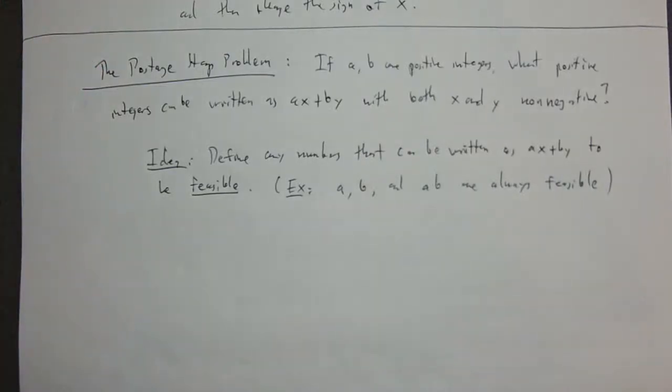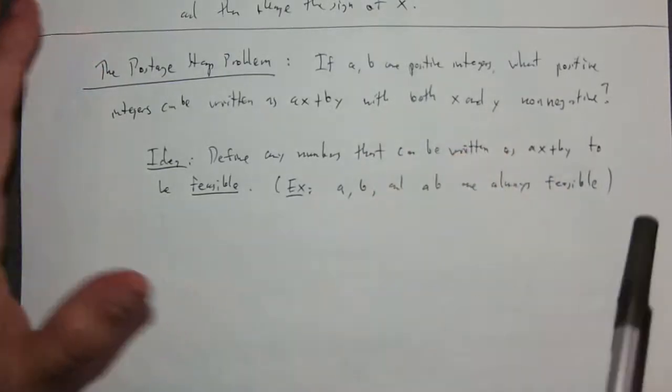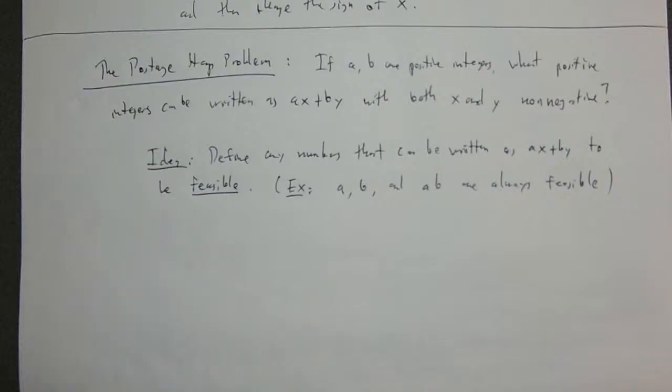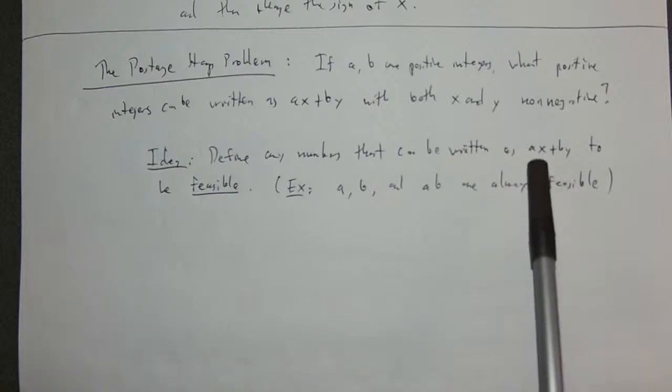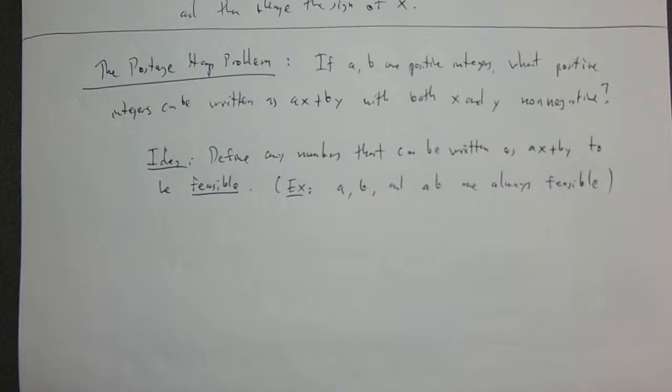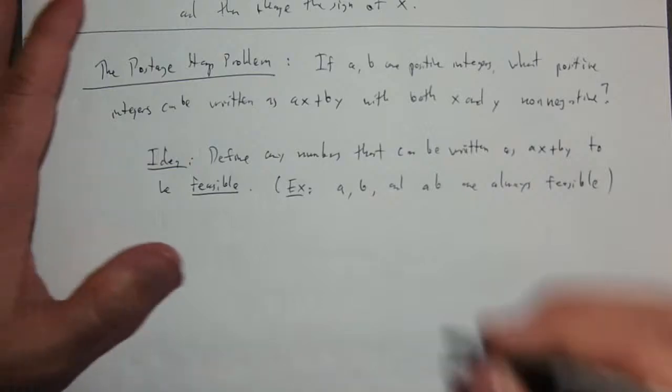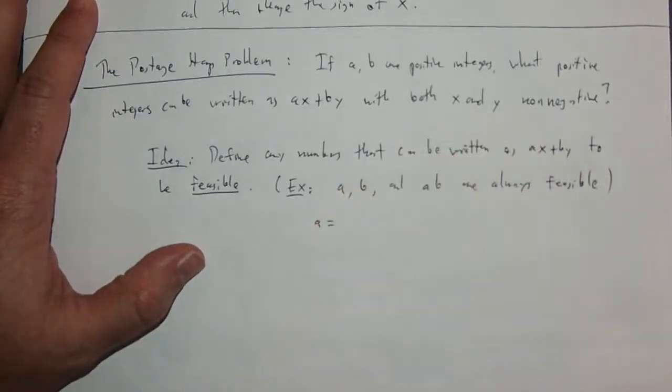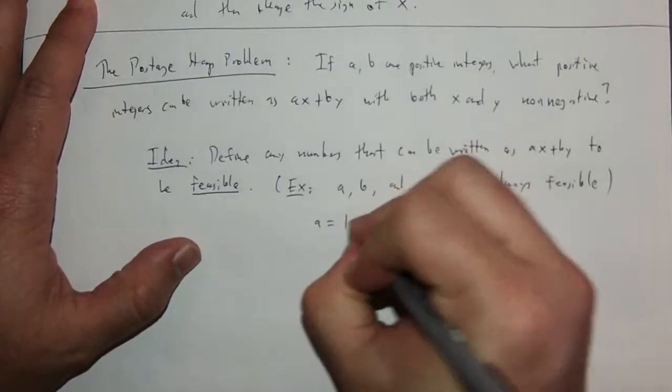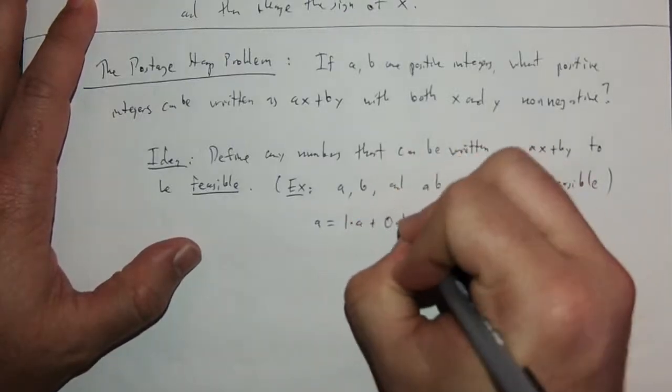Why are those always feasible? Well, again, going back to the postage stamp problem, if the total postage value I need is A, then I need 1 A stamp and 0 B stamps to be done, right? So that's just saying that, of course, I can always express A as a linear combination of A and B. There it is.